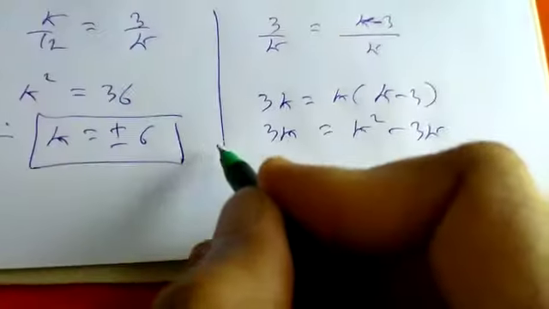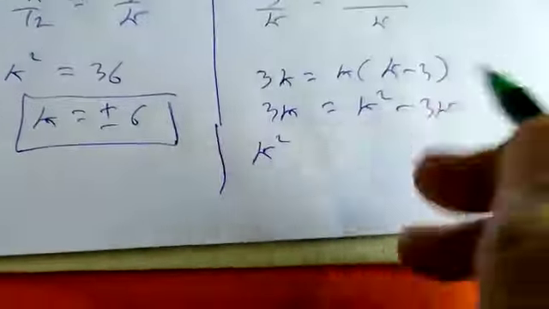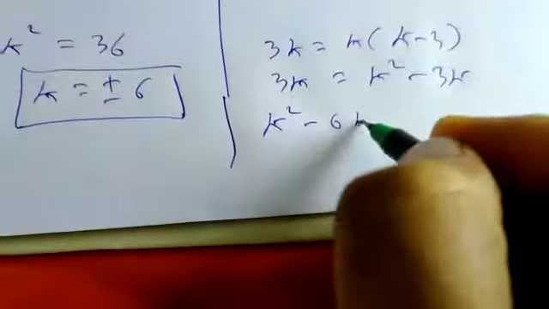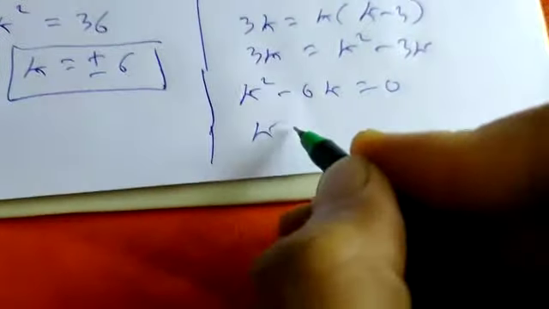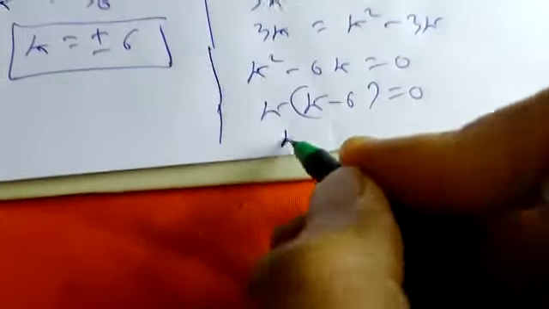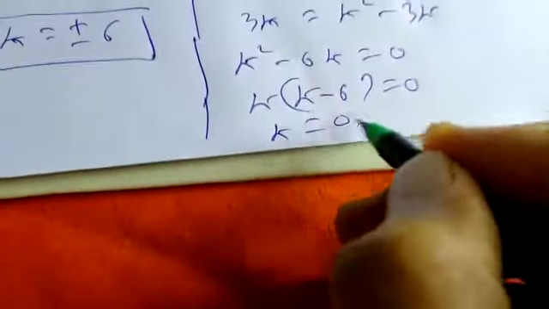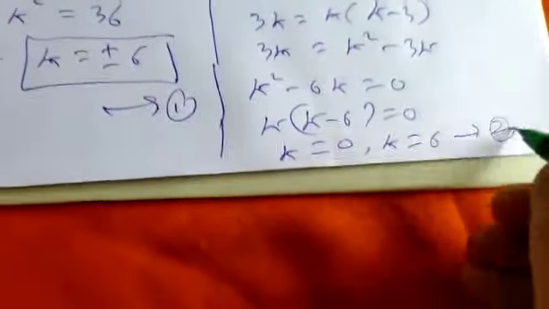Or we bring all the terms to one side, it will give us k square, this 3k will come this side, so k square minus 6k equal to 0. So take out k common, we will get k into k minus 6 equal to 0. So this will give us k equal to 0 or k equal to 6. So this is our first one and this is second one.